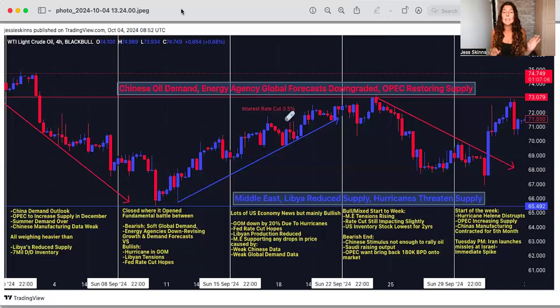I'm just going to make a very quick disclaimer and say that all the information that you see here isn't something that I've just made up. This has all been taken and extracted from TradingView. The information is there for everybody to see and look at. And the information comes from a variety of different analysts from institutions and companies such as Bloomberg, Reuters, Wall Street Journal, to name a few.